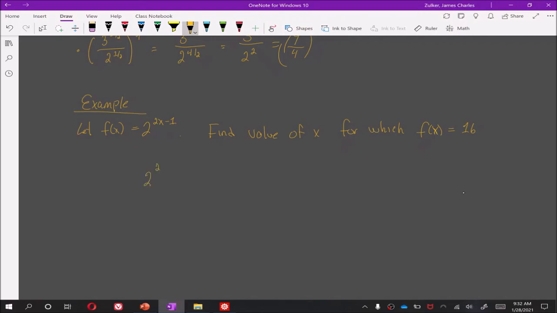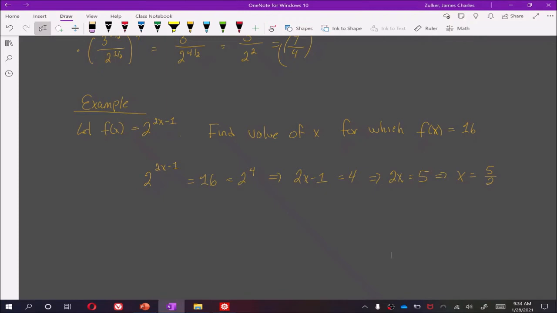Well, that means that 2 to the 2x minus 1 is equal to 16. But keep in mind that 16 can be written as 2 to the 4th. Since we have the same base, the exponents would have to equal. And now this is just solving a linear equation. So 2x is equal to 5, which means that x itself is equal to 5/2.